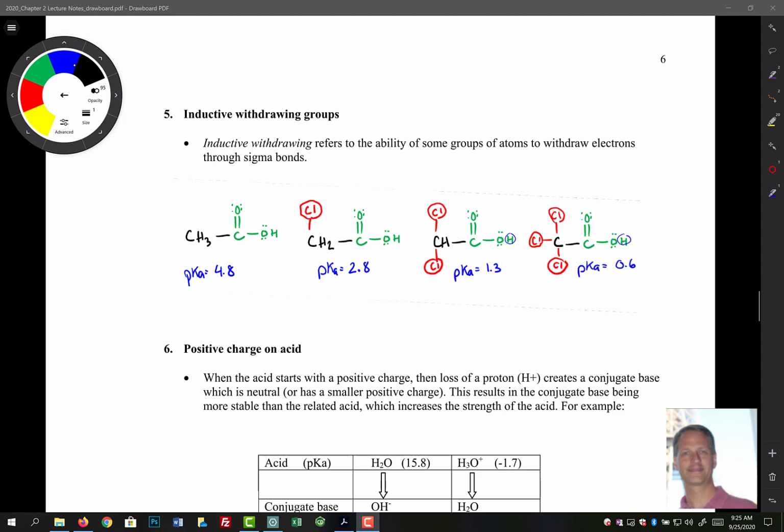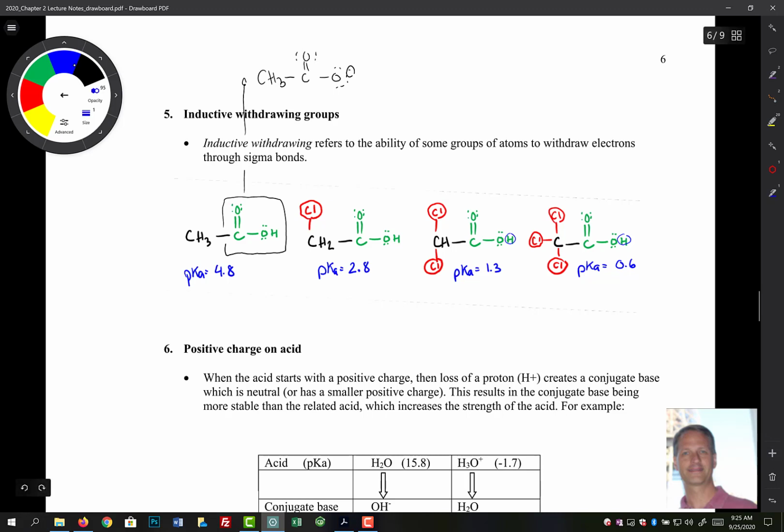So if we look at this molecule, we're going from a carboxylic acid here, right? And we've seen this before, when it loses an H, it becomes acetate, and then we have that resonance structure there too.